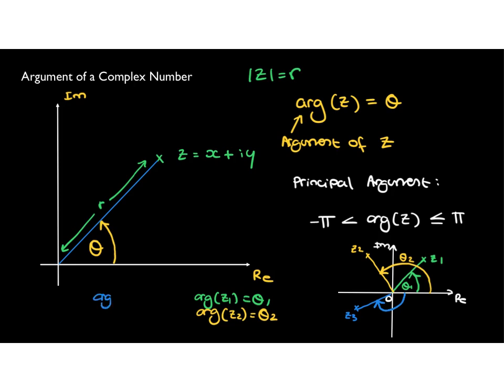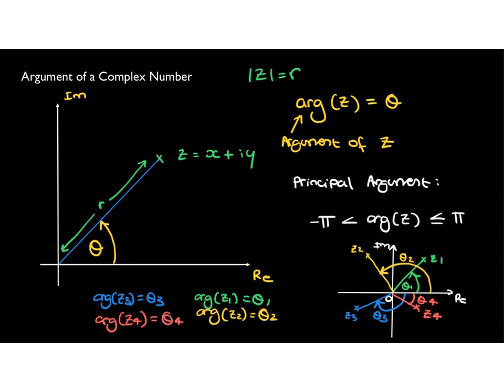So arg of z3 equals theta 3 in blue. And then finally, if your complex number is here, we'll call it z4. Its argument will be this angle here. We'll call it theta 4. So arg of z4 equals theta 4.